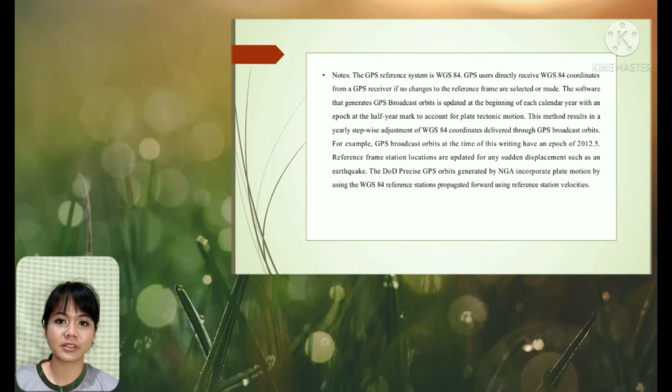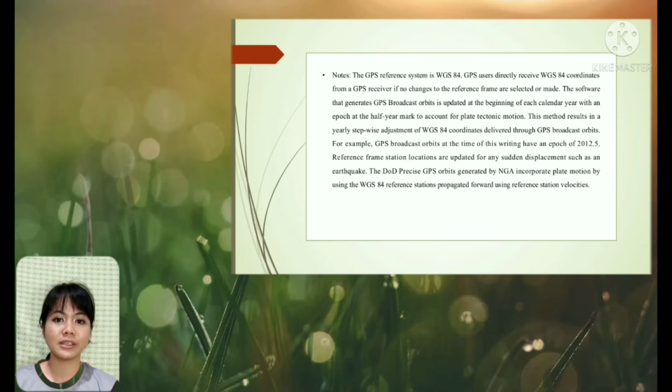This method results in a yearly stepwise adjustment of WGS84 coordinates delivered through GPS broadcast orbits. For example, GPS broadcast orbits at the time of this writing have an epoch of 2012.5. Reference frame station locations are updated for any sudden displacement, such as an earthquake.